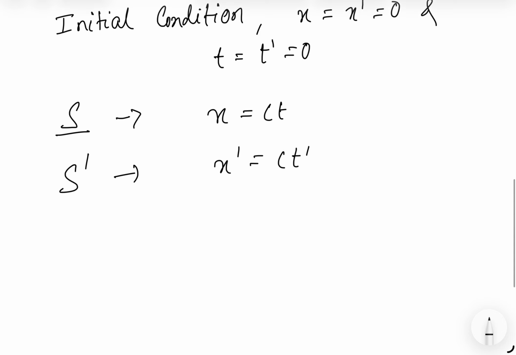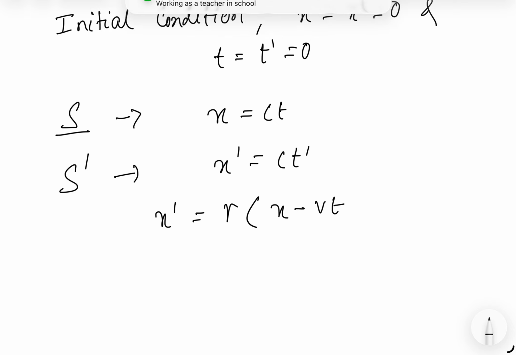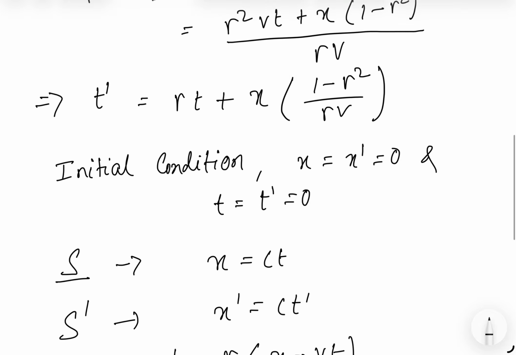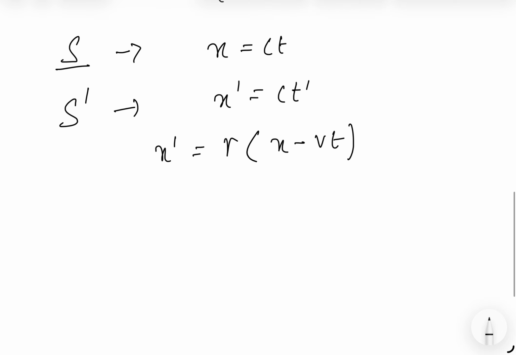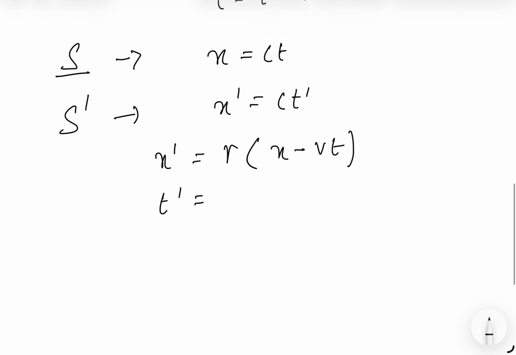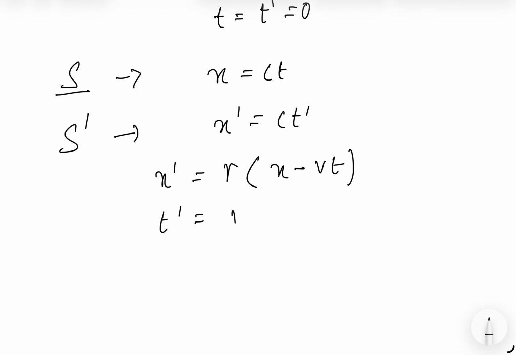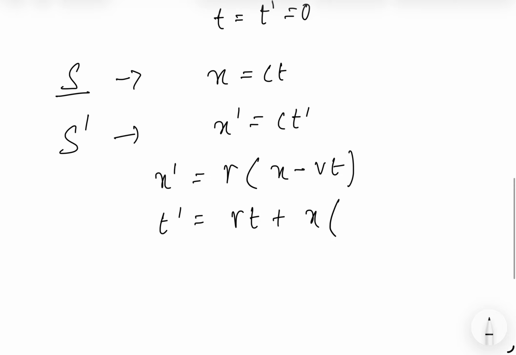Now we have the values. x dash, as per the new transformation, we wrote as gamma times x minus vt. And t dash, which you got here, equals gamma t plus x times the bracketed term, which I'm writing again: 1 minus gamma square over gamma v.